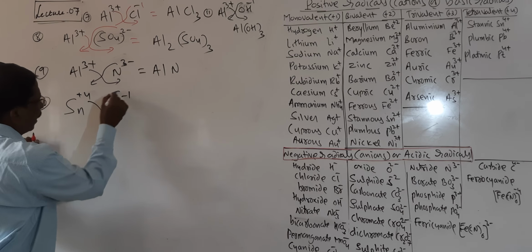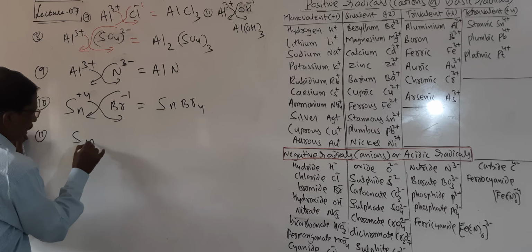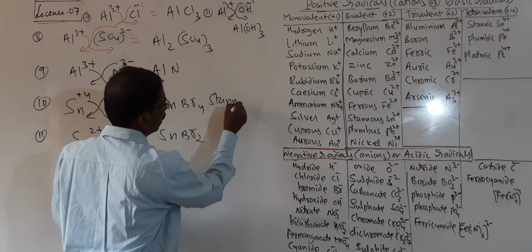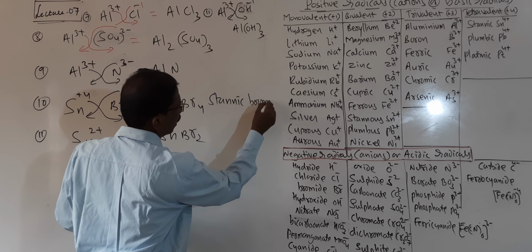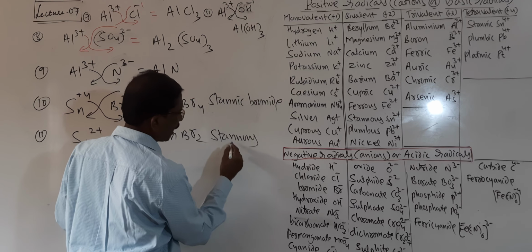Then it is SnBr4. So it is stannic bromide. And the same example, if we take Sn2 plus, Br minus 1, then it becomes SnBr2. So that is stannous bromide.